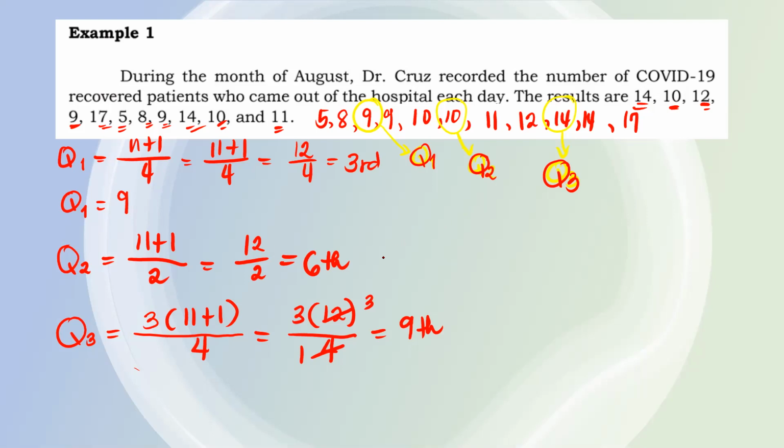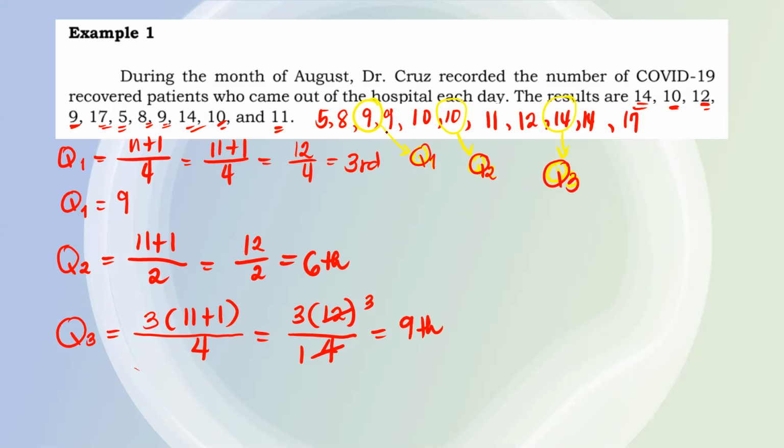And we don't usually solve for the fourth quartile, kasi kung ano na yung pinaka-last, mostly siya na yung fourth quartile. Okay? So, ang sinusolve natin usually dito is quartile 1, quartile 2, and quartile 3. So, that is how you locate the quartiles of the ungrouped data.